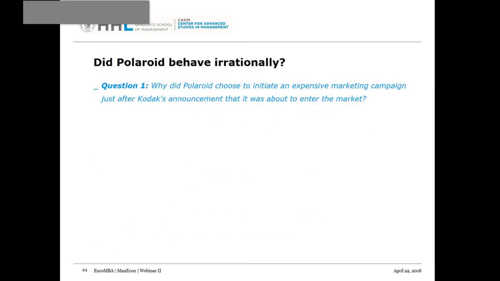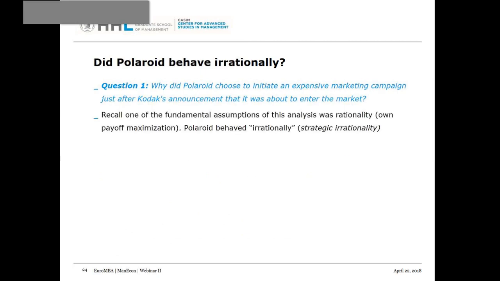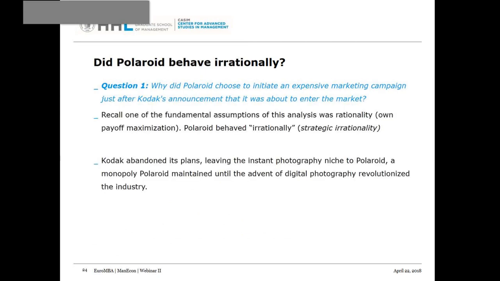What happens here is that Polaroid, by burning money, sent a signal to the opponent that they are not rational, right? And because of this, the basis on which Kodak was evaluating the interaction has disappeared.